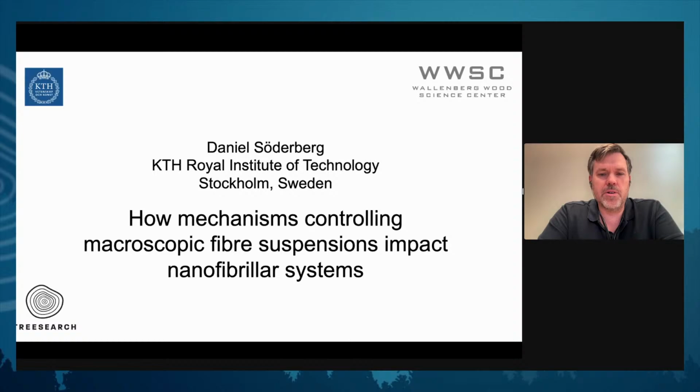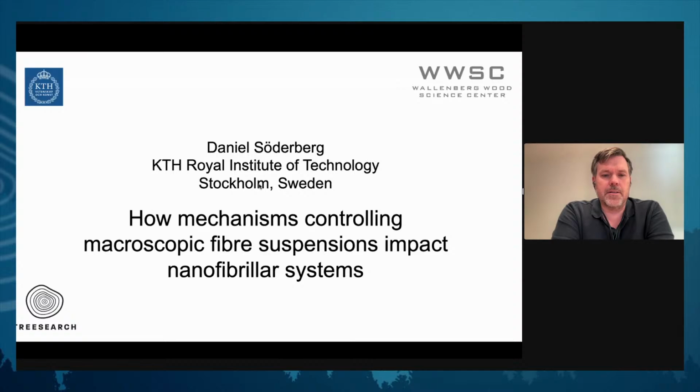Good, so I will talk about how the title is trying to merge two of my research interests, coming from the side of paper making and paper processes, which I still work with, but also with nanofibrillar systems like cellulose nanofibrils. Sometimes it's good to merge disciplines and try to learn something new.